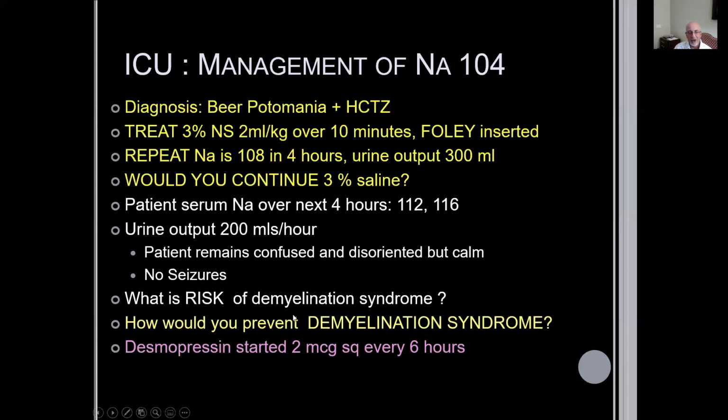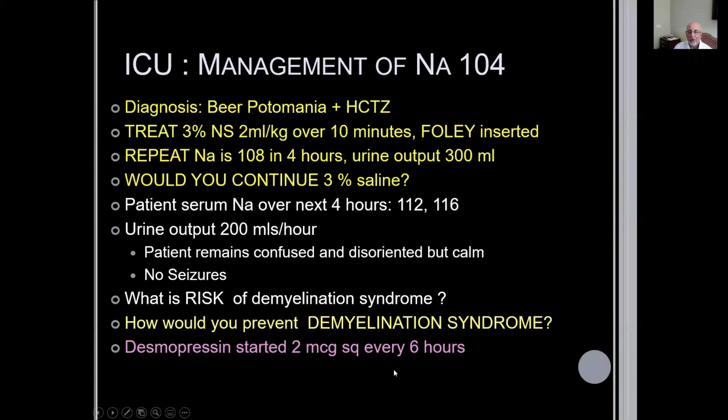In this situation, I would like to stress again, it is not the hypertonic saline, and there is frequent misconception by many physicians and staff that the hypertonic saline should be feared. What happens in this situation is the excessive urine output will cause the auto correction or overcorrection of serum sodium, as we are seeing in this patient with beer potomania and hydrochlorothiazide.